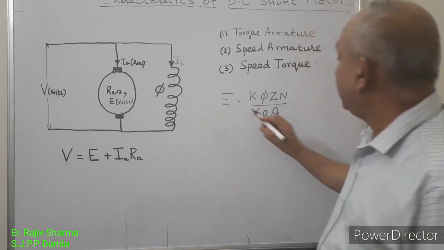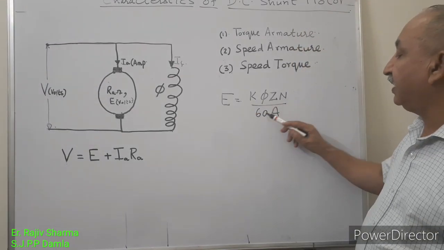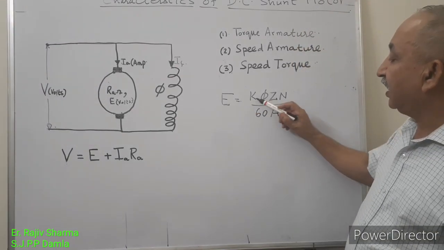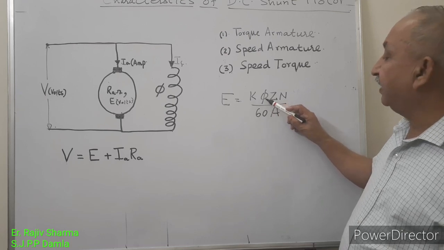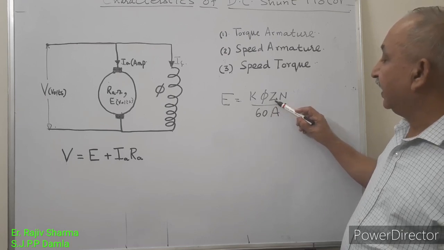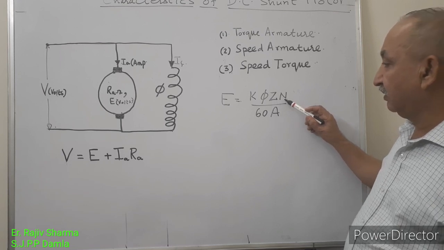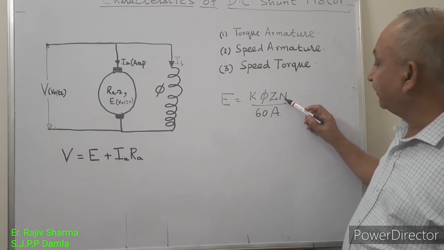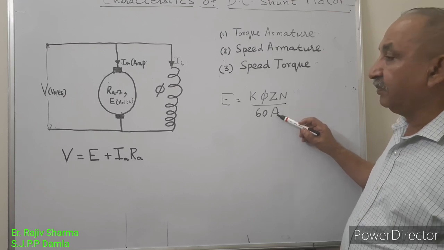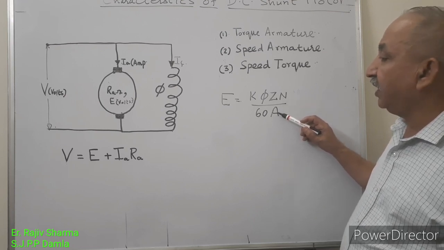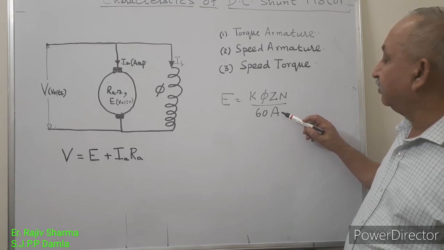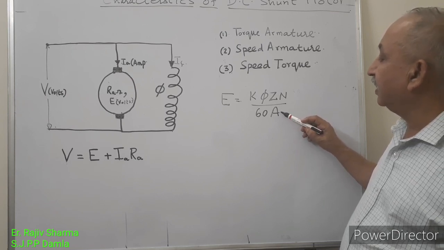K is a constant, phi is the flux per pole, Z is the total number of conductors, N is the speed of the armature, and A is the number of parallel paths. This is how we have divided the conductors into parallel paths.